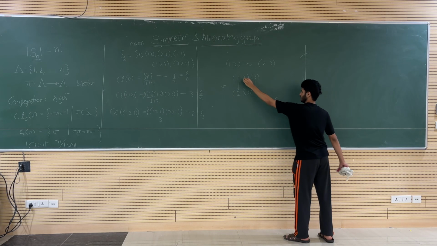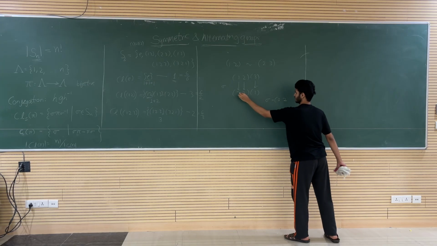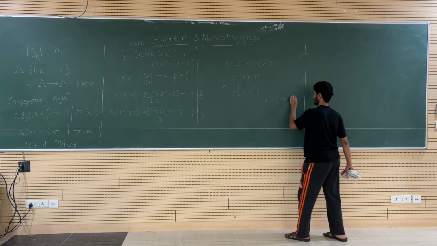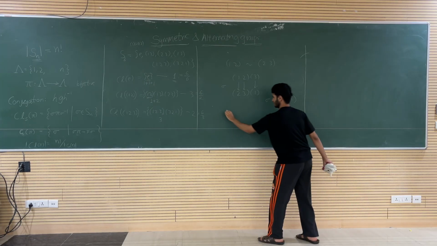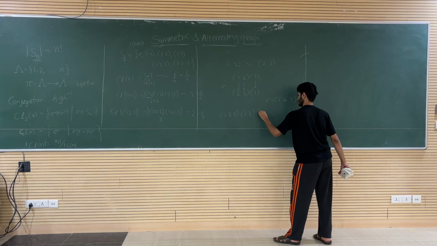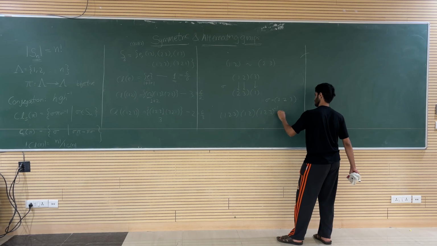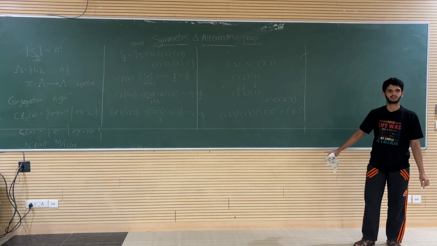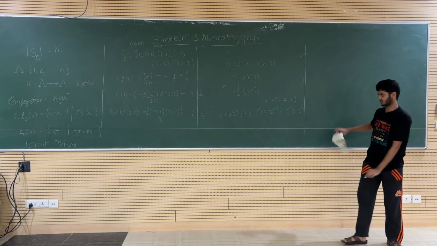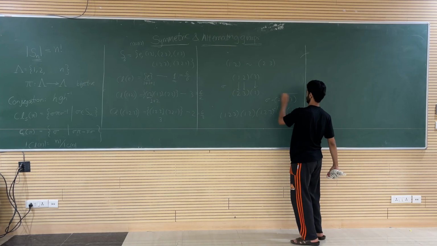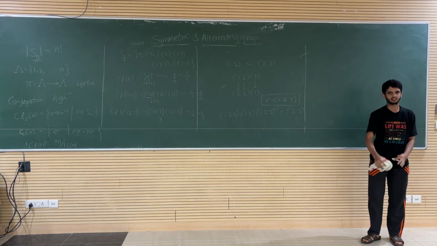Sigma sends 1 to 2, 2 is sent to 3, 3 is sent to 1. So you can verify that (1 2 3) times (1 2) times (1 2 3) inverse is indeed (2 3). This is the way we can construct the conjugating element.